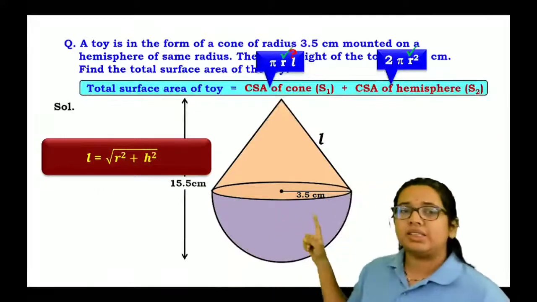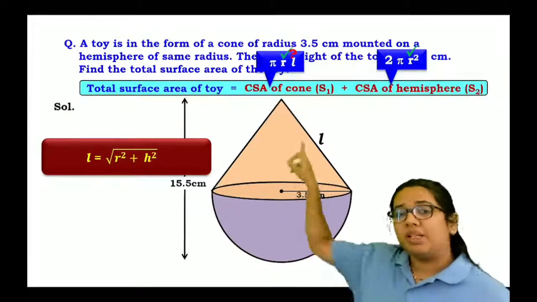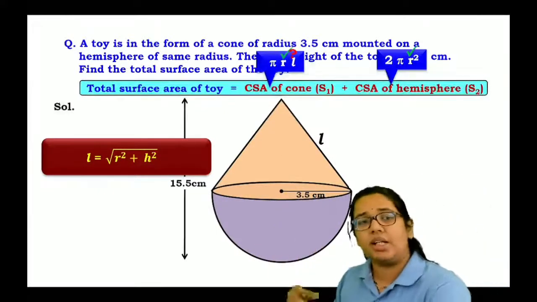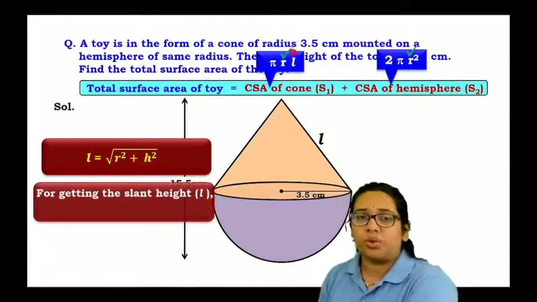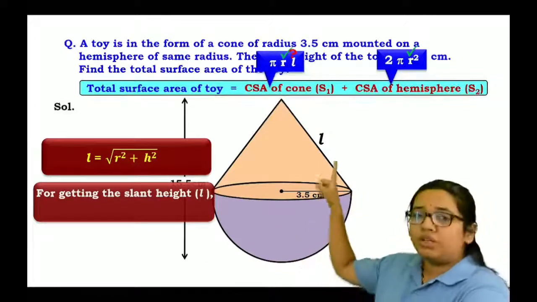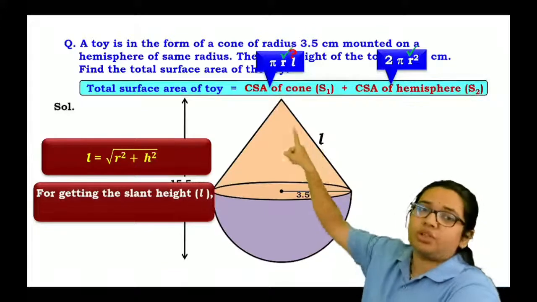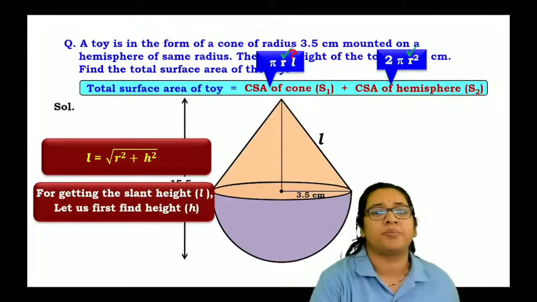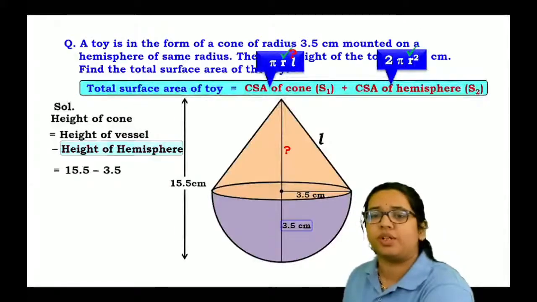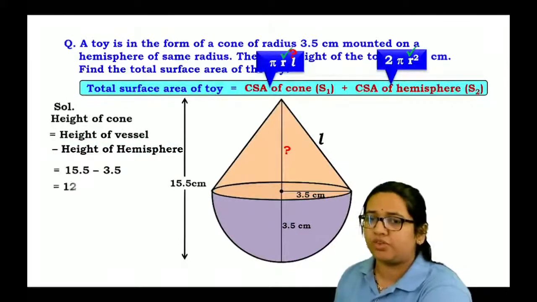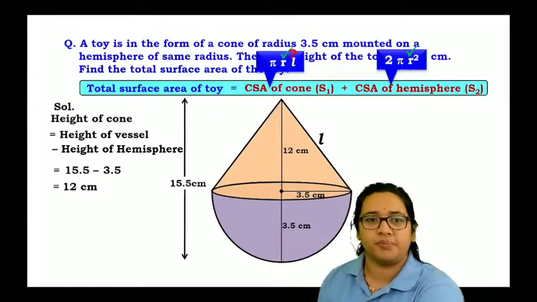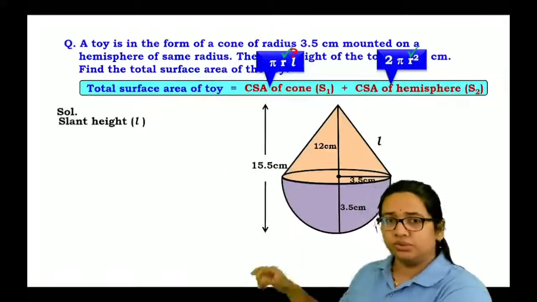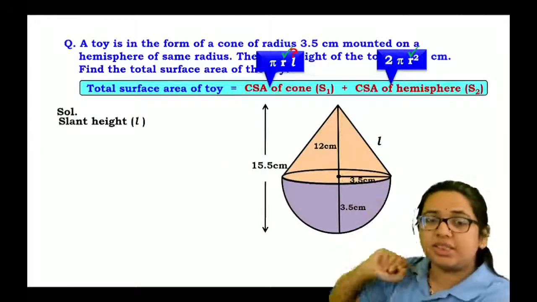Here L is nothing but root of R square plus H square. But for finding out the value of L, first of all we should find out what should be the value of H here. 15.5 minus 3.5. Okay, so now the value of h is nothing but 12.